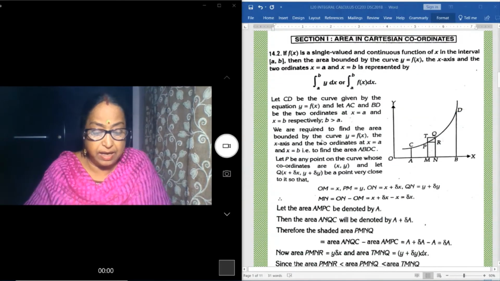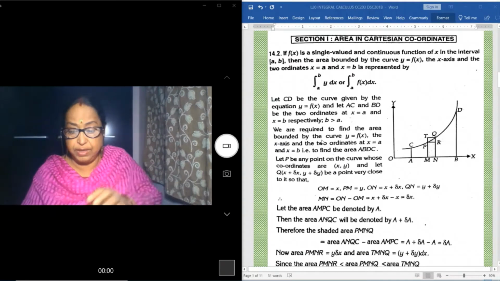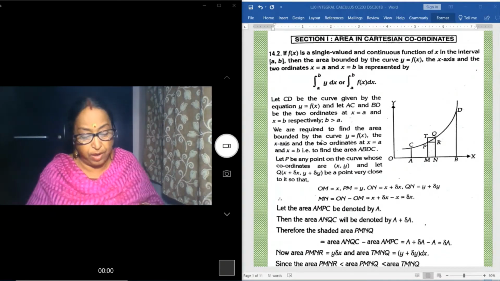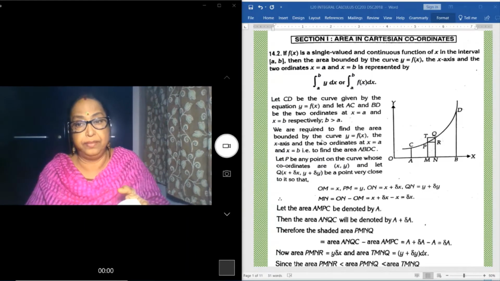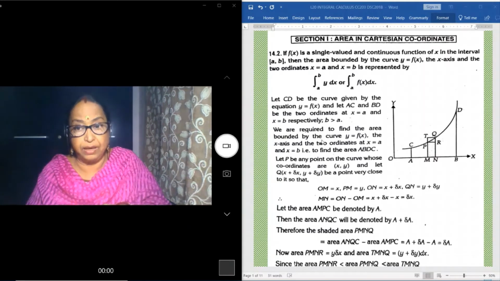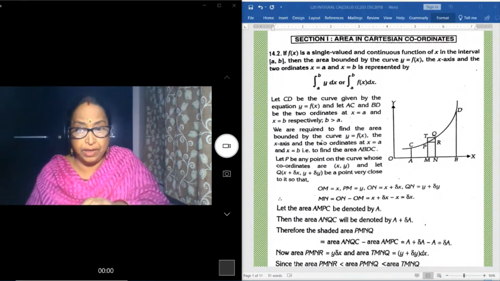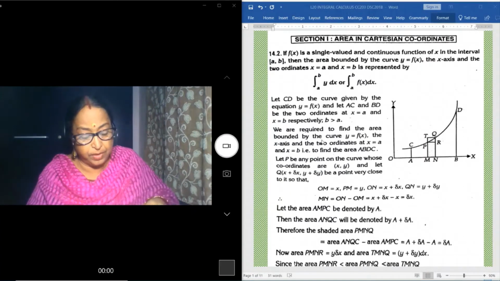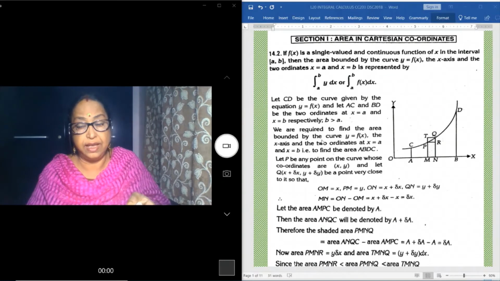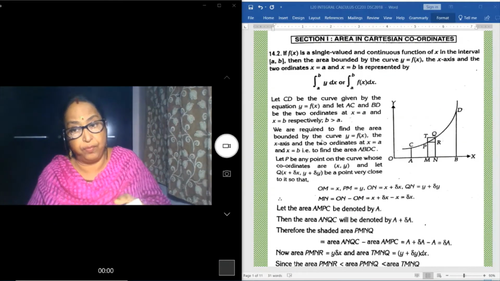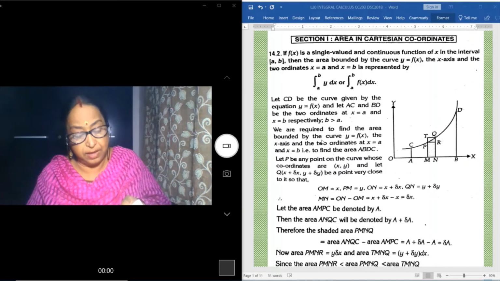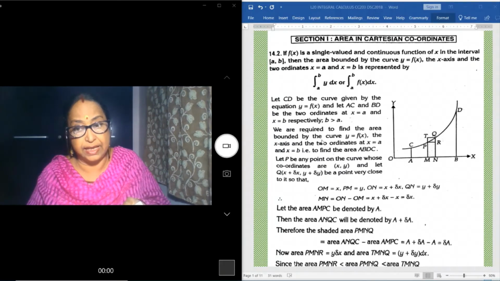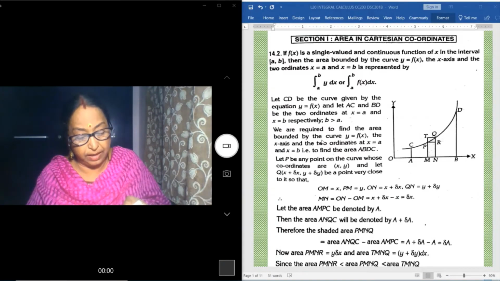So area can be written as integration of y into dx. The y can be calculated from the graph equation, and the limit will be for x, where the curve goes on the x-axis, from where to where.